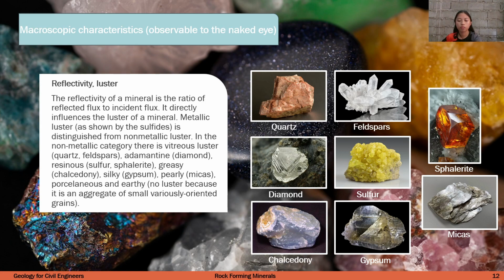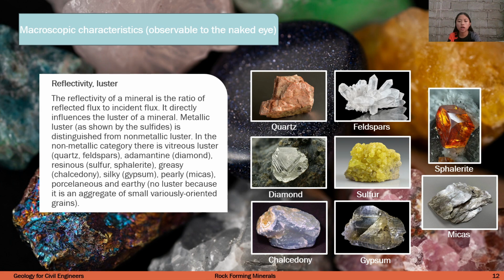So, ang macroscopic characteristics ay ito yung bagay na makikita natin using our eyes. So, ma-observe natin ito using our eyes. Like yung mata talaga natin. And ang reflectivity is how much light bounces off compared to what hits the mineral.